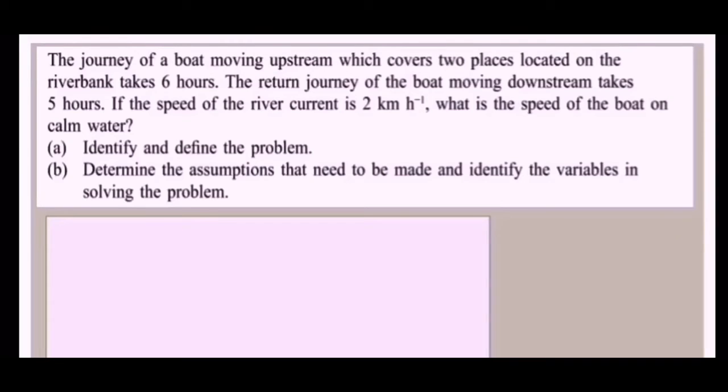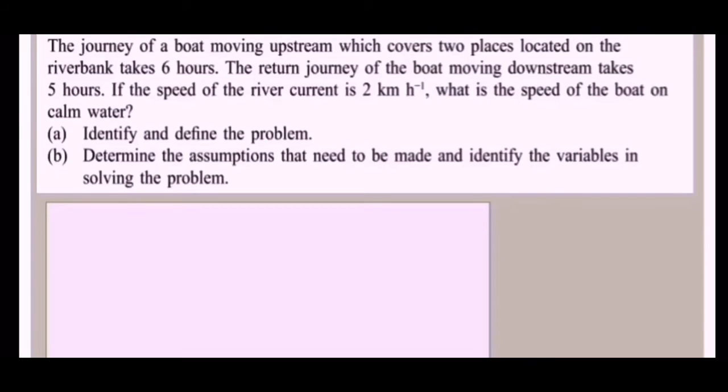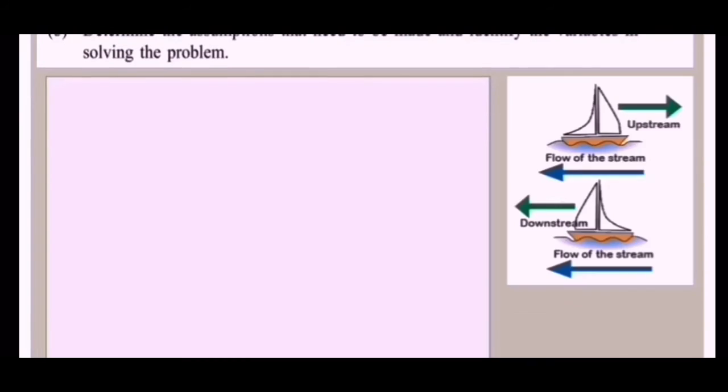The return journey of the boat moving downstream takes 5 hours. If the speed of the river current is 2 km per hour, what is the speed of the boat in calm water? A. Identify and define the problem. B. Determine the assumptions that need to be made and identify the variables in solving the problem.